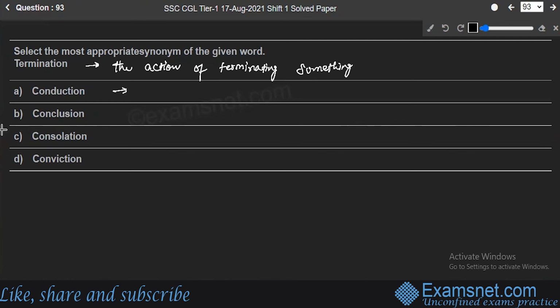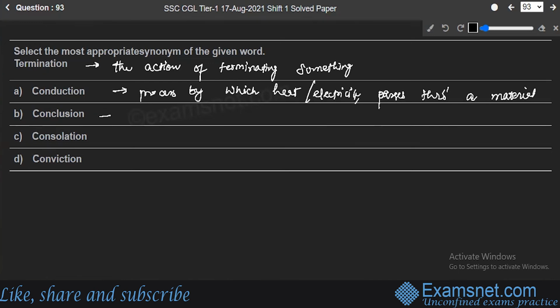Conduction, it's a process by which heat or electricity passes through a material. Then you have conclusion.